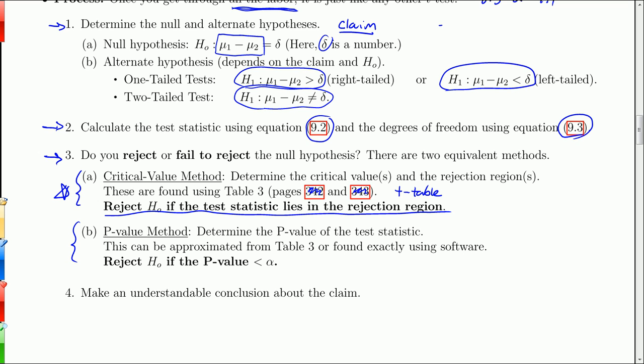That won't be the focus of this here because I'm assuming that you don't have software readily available. But if you do have software, you can get a p-value pretty quickly, and then you reject the null hypothesis if the p-value is smaller than alpha, where alpha, again, is the significance level. Right, 0.10, 0.05, 0.01, usually one of those three. Then, as always, we're going to finish off by making an understandable conclusion about the claim.